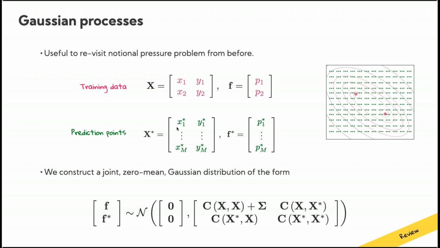So the way we formally define this is we define a joint zero mean Gaussian distribution, right? So we basically define a Gaussian distribution that takes in our training data and takes in our prediction points, i.e. the points where we wish to determine what the pressure is. We put them together in what we call a joint distribution.